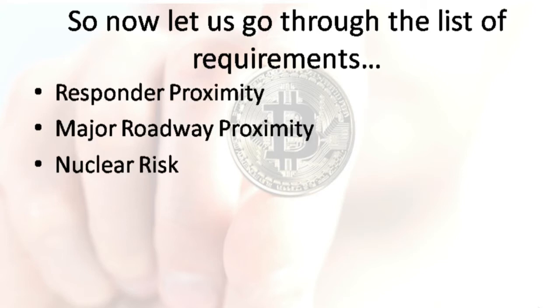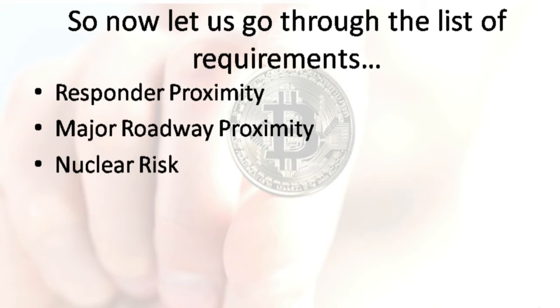Now, the last three requirements are the responder proximity, major roadway proximity, and the nuclear risk. Now for the responder proximity, this is just a good to have, but not a must. The proximity of a fire station allows firefighters to respond to fires on or around the vicinity of the mining farm, and proximity to the police station may deter the possibility of theft.